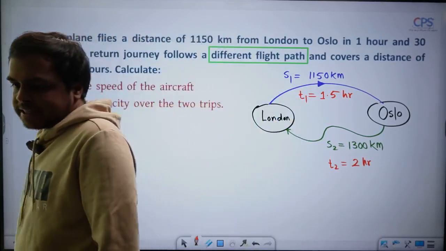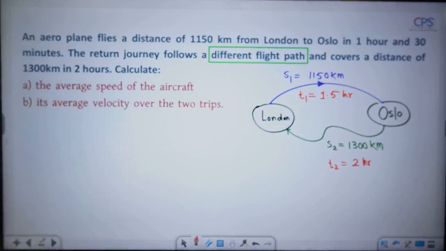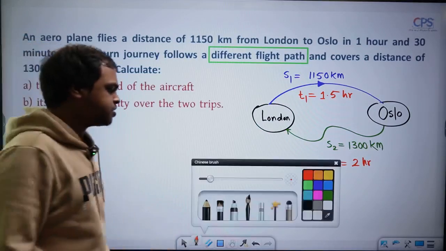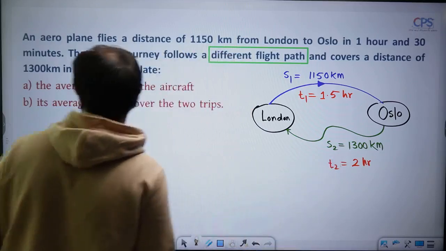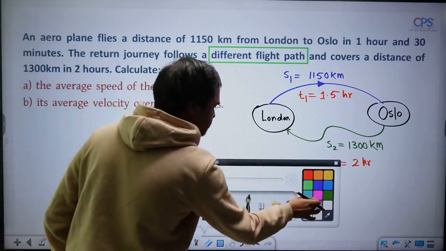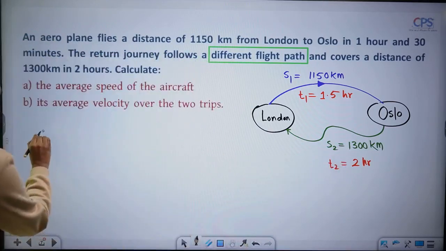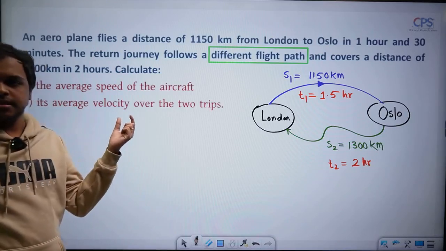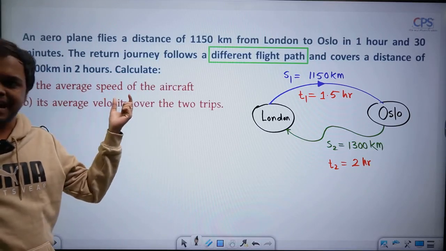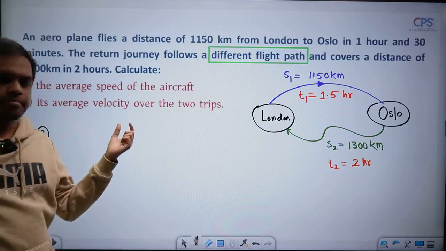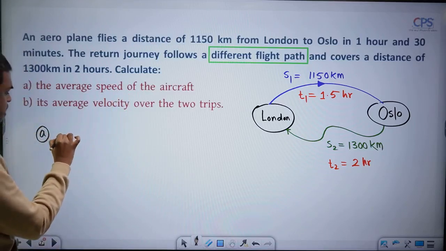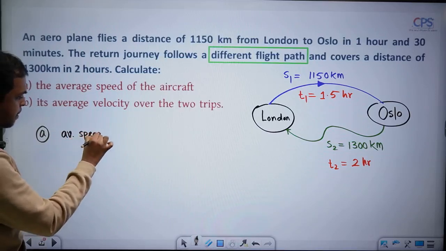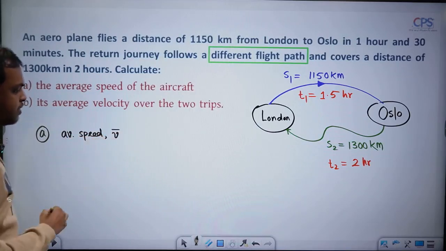Now we have to calculate the average speed of the aircraft. Speed means distance over time. So the average speed we can call V bar.